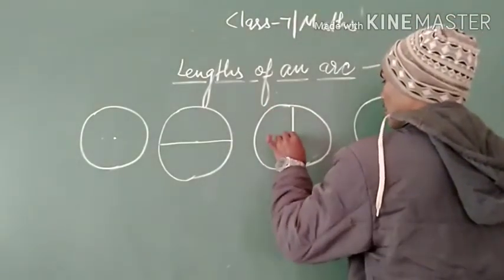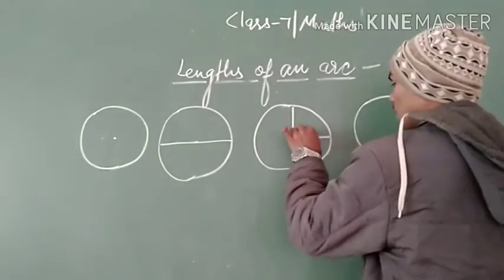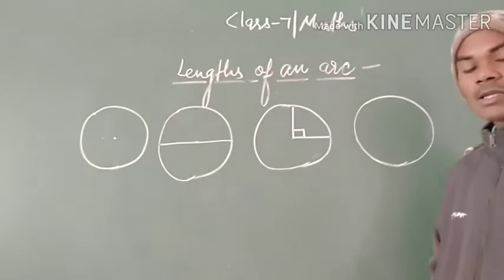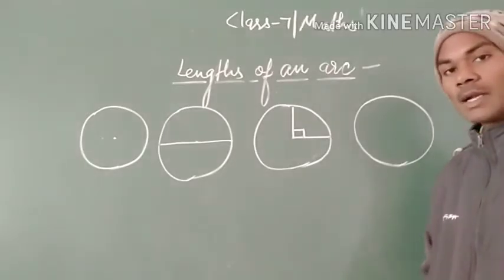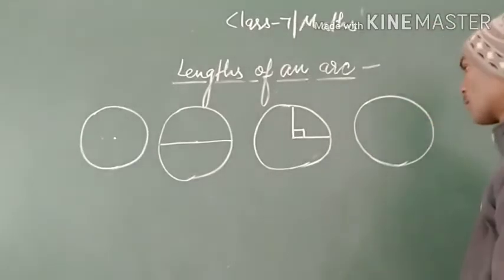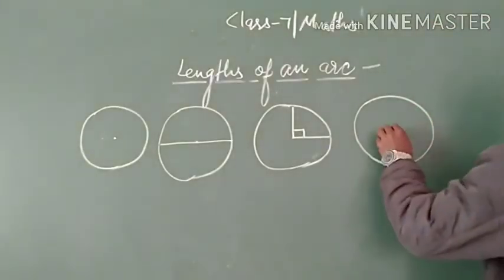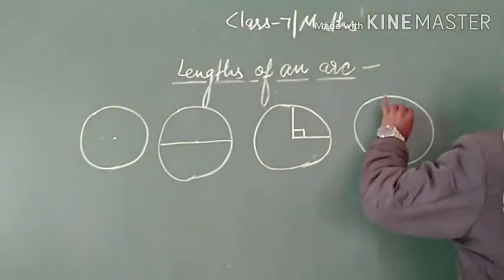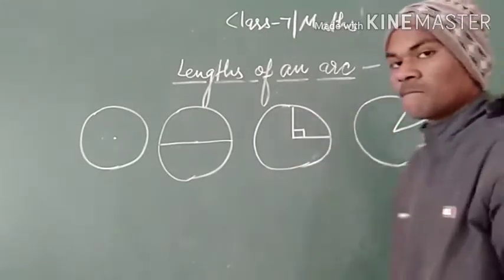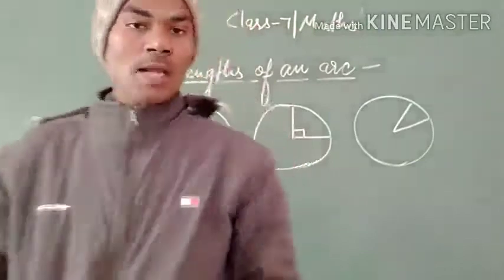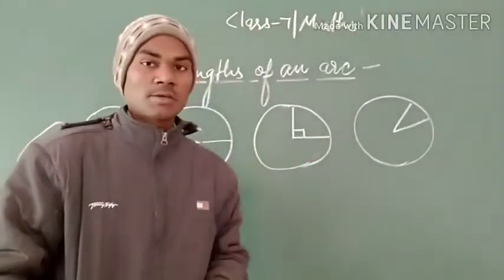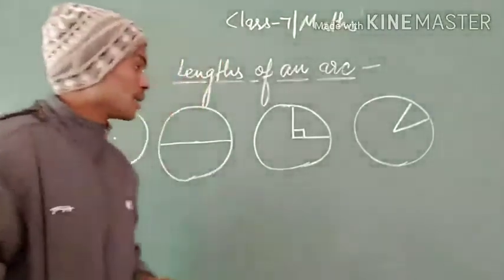If we draw a right angle, then we can see that the circle has been divided into four equal parts and each part will be its one-fourth part. And here, in the last, we shall discuss a general condition for any angle.